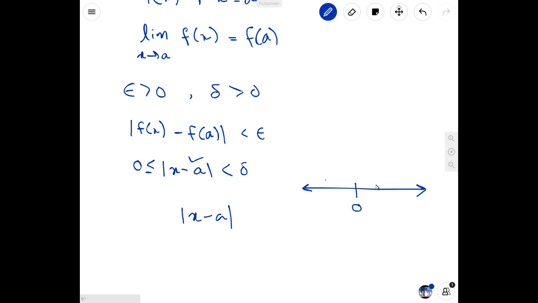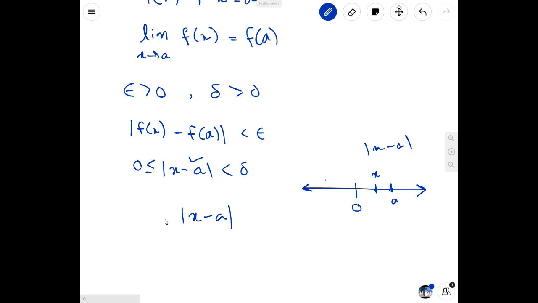Let me say that x is here. Absolute value of x minus a is the distance between x and a. Let me say that a is here. Then the distance between this point and this point is absolute value of x minus a.